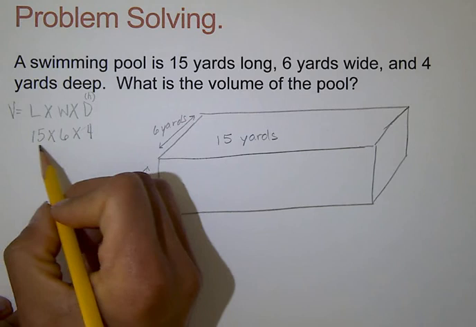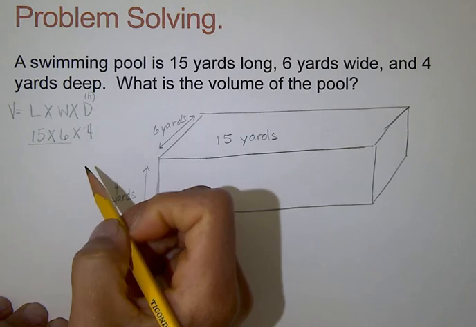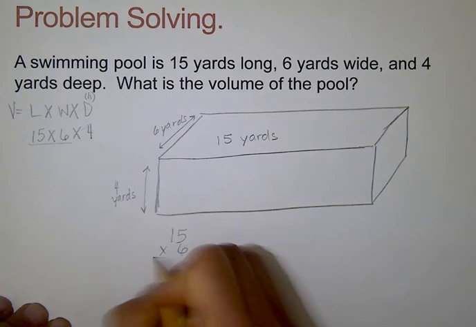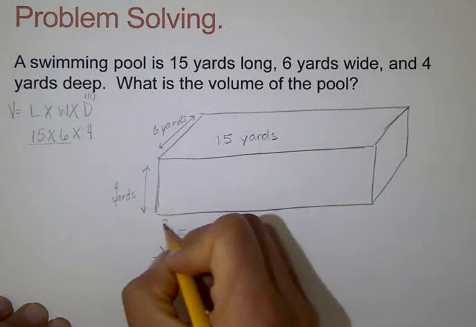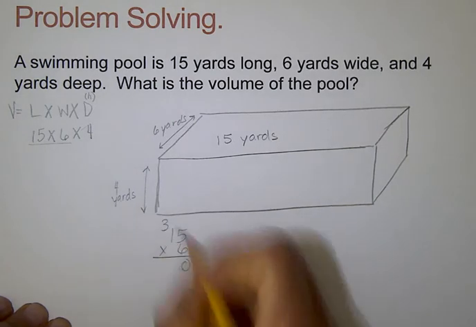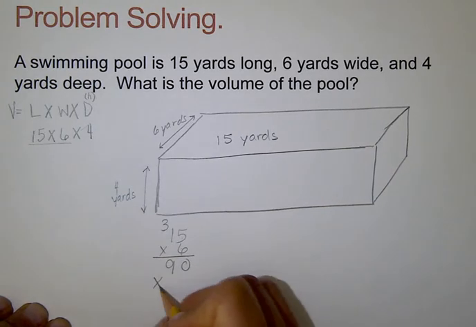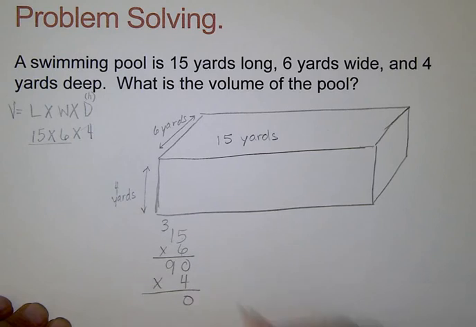So let's start with multiplying 15 times 6. 5 times 6 is 30. That's 6, 7, 8, 9. And now I have to multiply that times 4. 0 and 36.